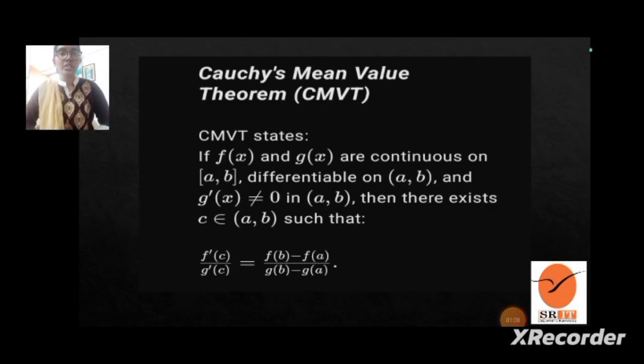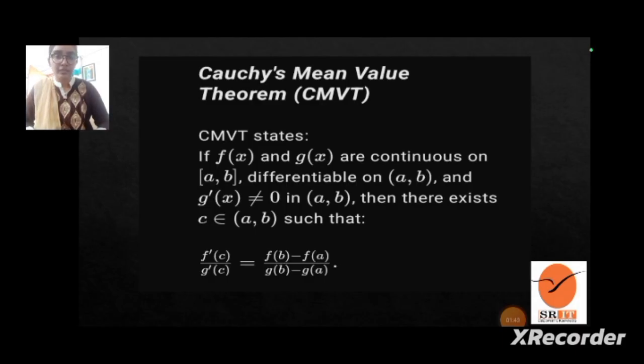Now let's see what Cauchy's mean value theorem states. It states that if f of x and g of x are continuous on the closed interval [a, b] and differentiable on the open interval (a, b), and g dash of x is not equal to 0 in the open interval (a, b), then there exists c which belongs to (a, b) such that f dash of c upon g dash of c is equal to f of b minus f of a upon g of b minus g of a.